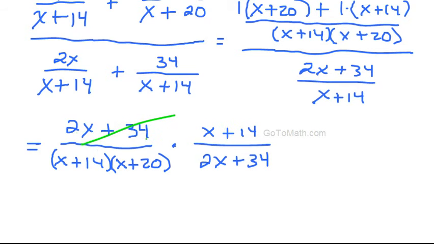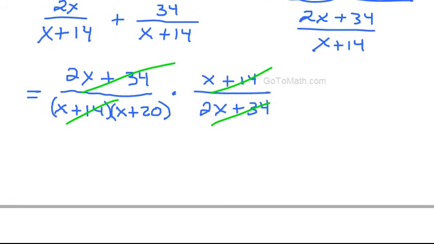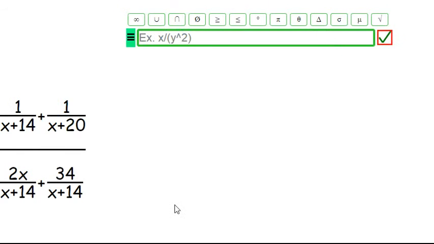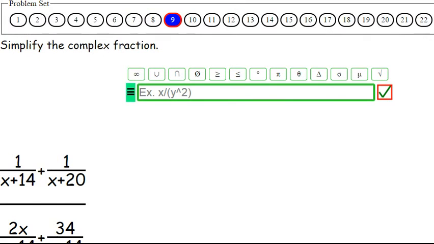We got a 2x plus 34 up here, 1 down here. We've got an x plus 14, an x plus 14. So that's going to clean up pretty good. So we're going to end up with not much. 1 over x plus 20, it looks like. 1 over x plus 20. How do you like that? That thing cleaned up.